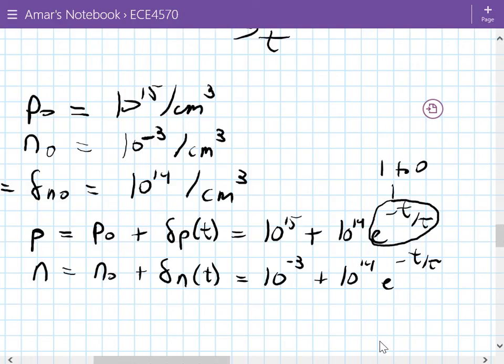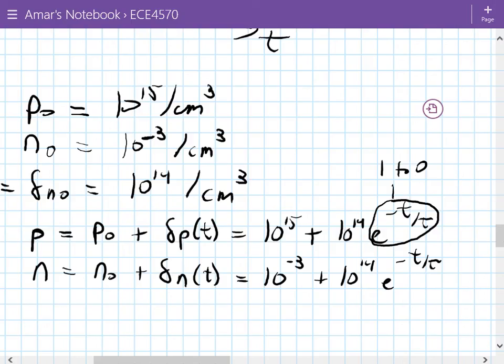So these are then comparable to one another. Well, this is an order of magnitude less than this. So the total amount is going to be 10 to the 15th plus 10 to the 14th e to the negative t over tau. The maximum number of carriers that you're going to have at time equals 0 is just 10 to the 15th plus 10 to the 14th.